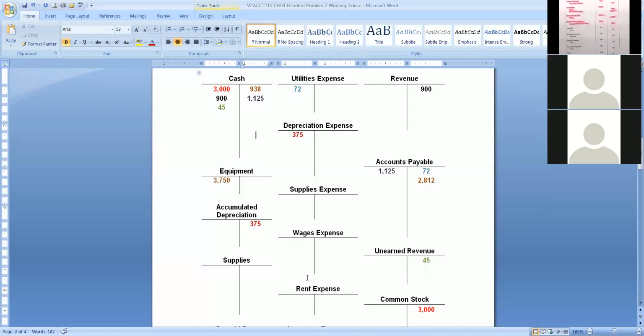Okay. Supplies. Oops, wrong color. Supplies, 207. Cash 270. Cash is credit.